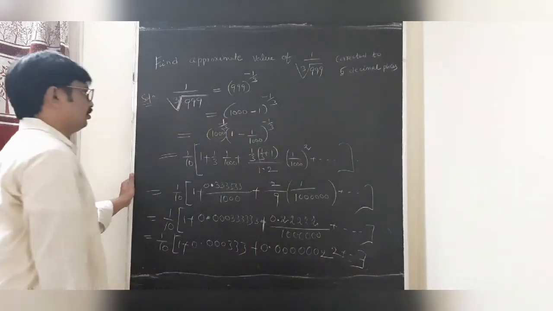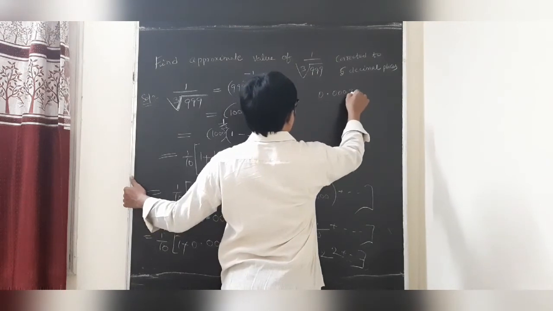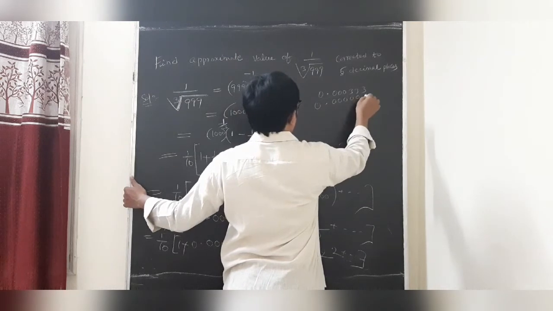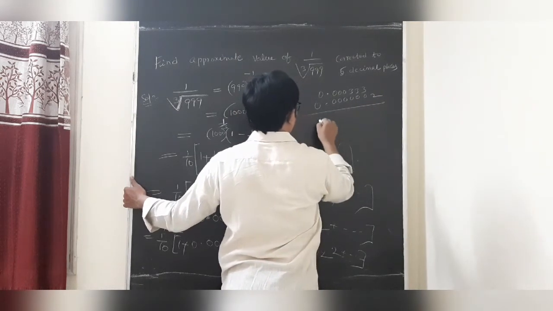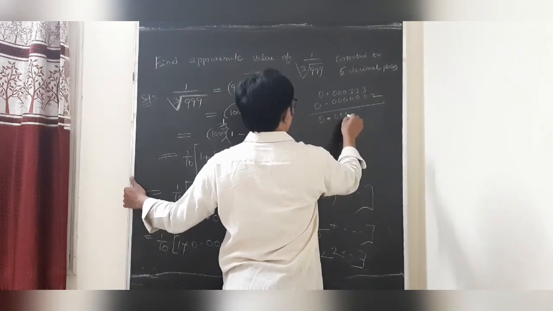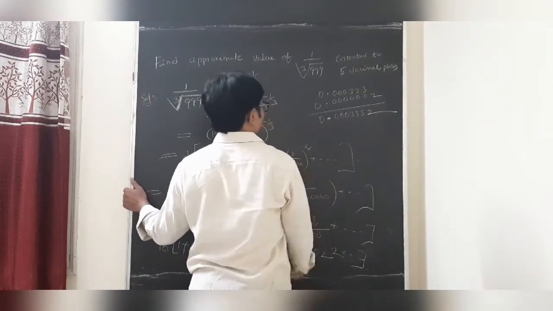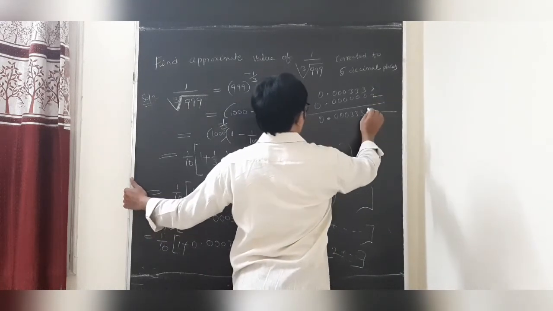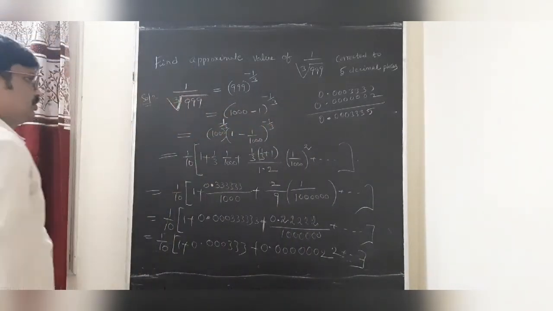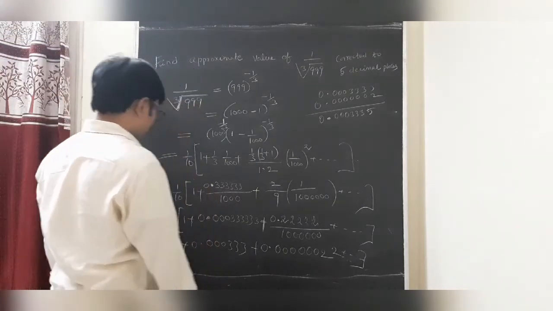So dear students, now adding this, 0.000333. How can you write? 0.00332. This is when you can take. Okay students, right now we are taking up to 5 decimals.